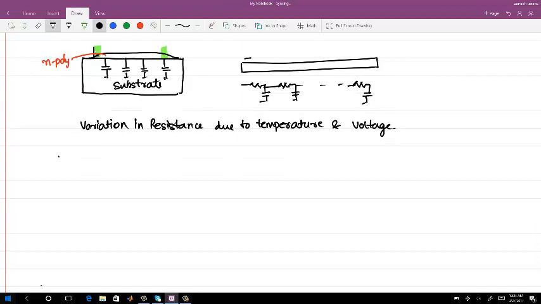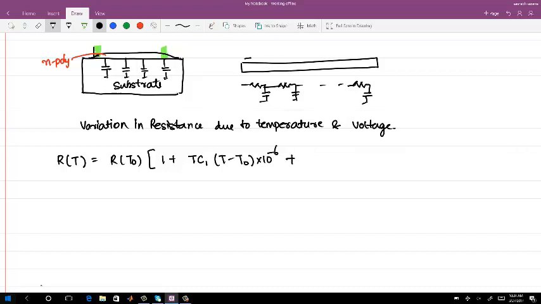You will find the variation as R(T) is R(T0) into 1 plus temperature coefficient Tc1 into (T minus T0) 10 power minus 6, plus Tc2 into (T minus T0) square 10 power minus 6.